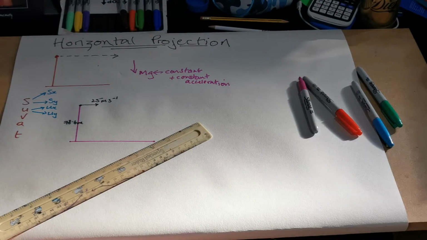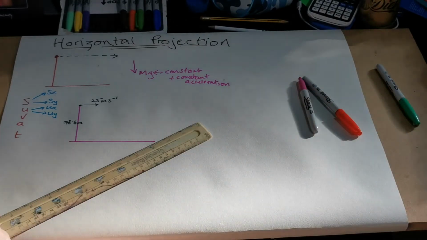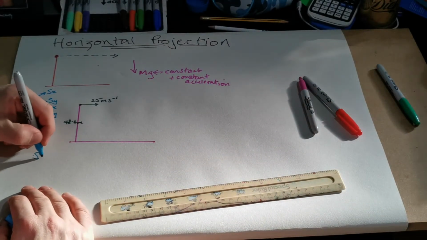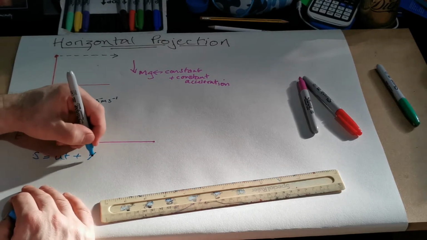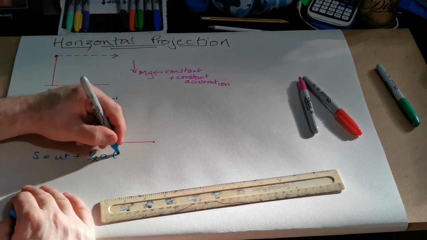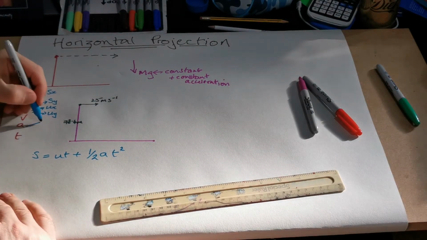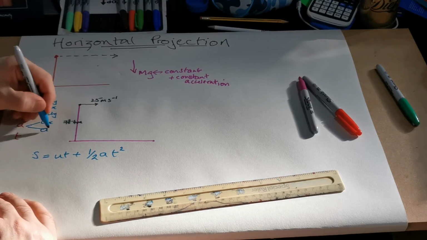We now need to think, how does this travel? Now, the main equation that we use is S equals ut plus half at squared. And if we look back here, I've got ax and ay.